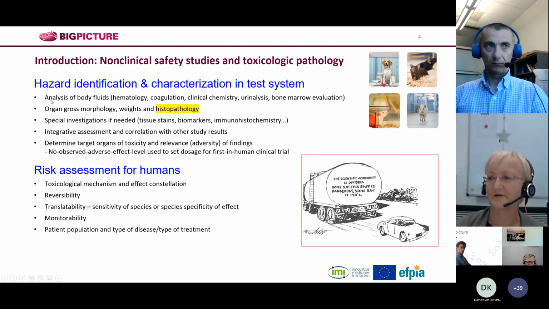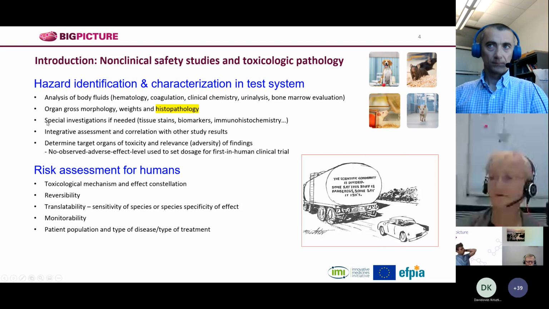So among others, there are analysis of body fluids like hematology, coagulation, clinical chemistry, urinalysis, evaluation of bone marrow. And then at the end of a study, all animals are killed and necropsied. We evaluate grossly the organ morphology. We take organ weights. And finally, we do an extensive histopathological evaluation of all animals.